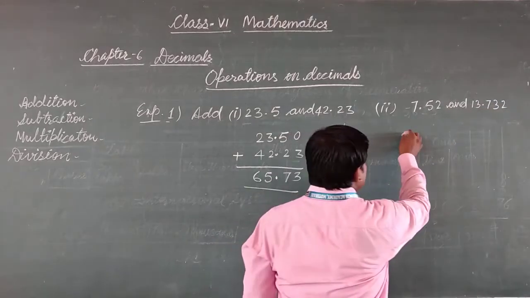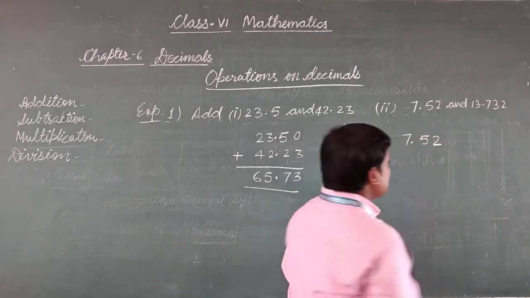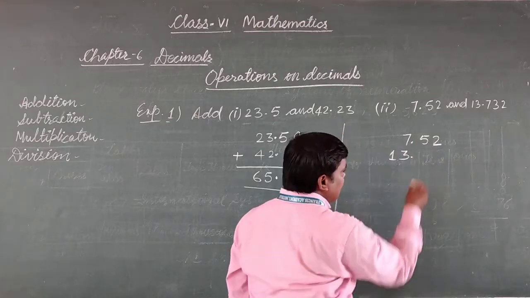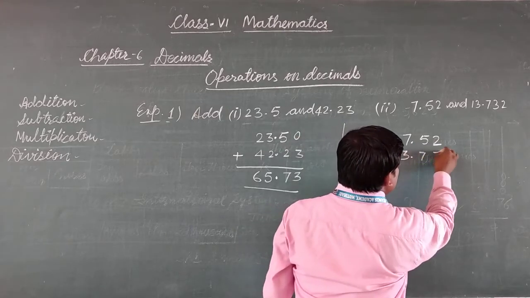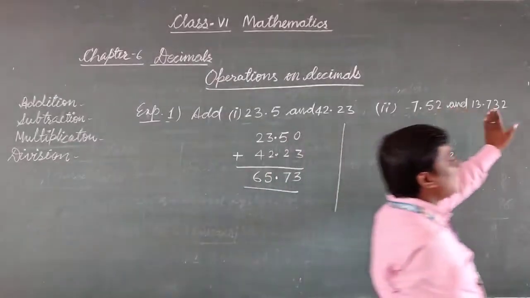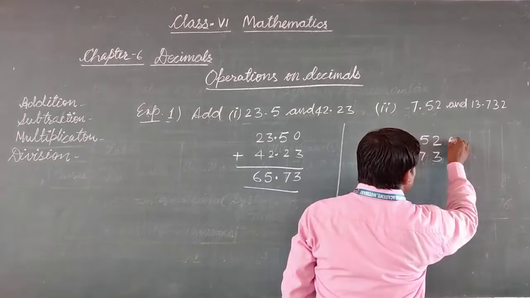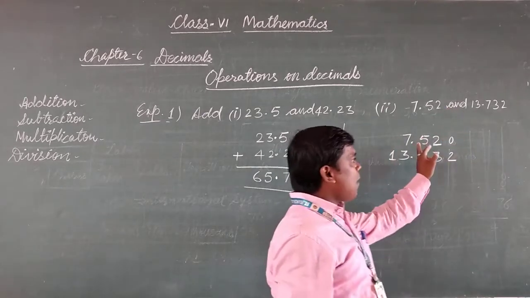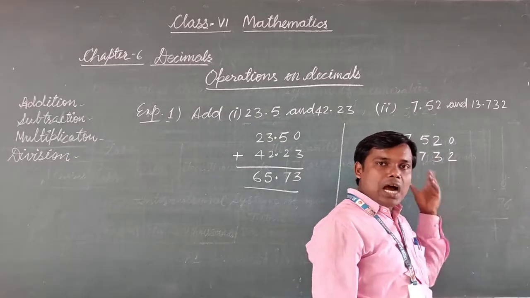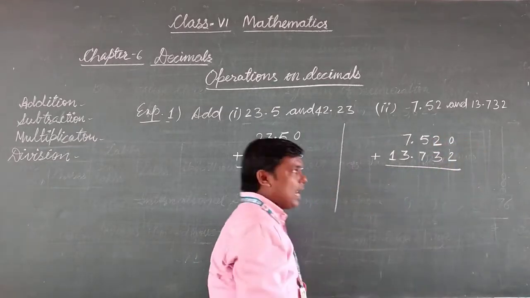So we will write 7.52, put the decimal here, then write 30 here, and 732. Again you are seeing these two are unlike decimals, so we will make like decimals first. We will put 0 here, then after the decimal we get 3 places, and in this case also 3 places after the decimal. We will put the sign of addition and then we will add.